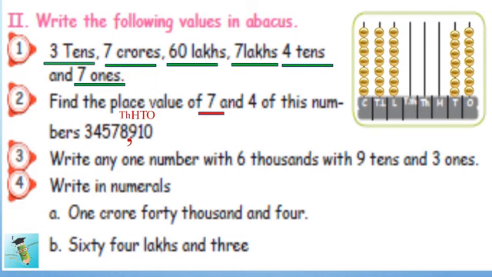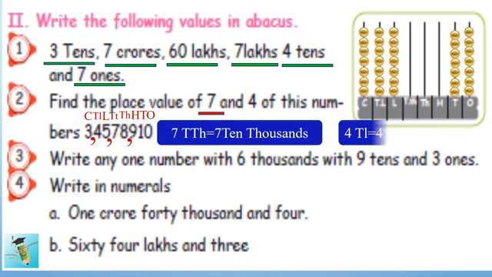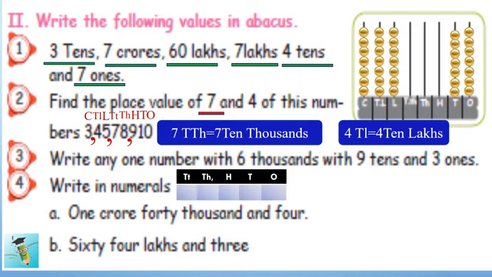Write the place value, yes, we have to mention with commas, isn't it? Don't forget. Okay. So 7 above TTH is there, isn't it? So 10,000. 10,000 is the correct answer.